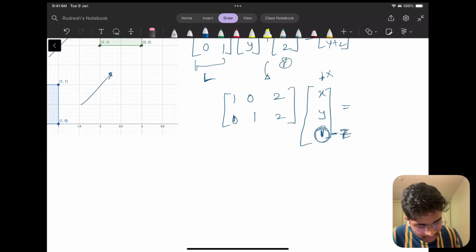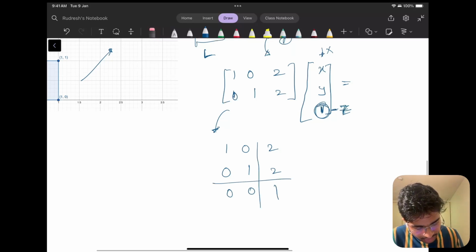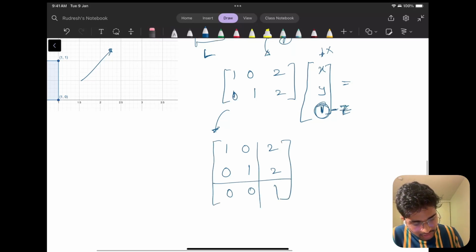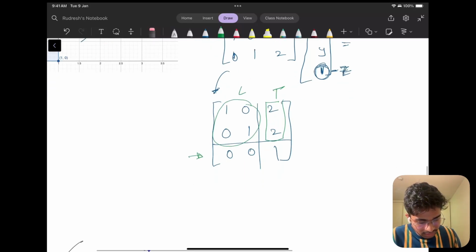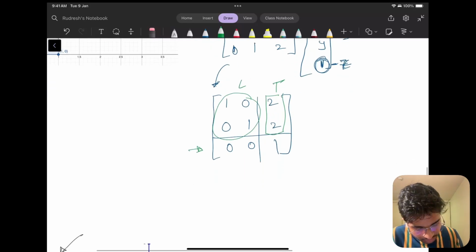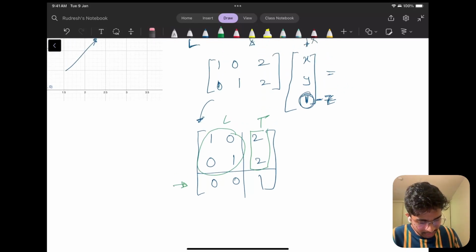So we could actually extend our transformation in such a way that, let's say, 1 0 2, 0 1 2, and maybe 0 0 1. If we partition this in this sort of way, you could see this is our linear map in the 2D. Then this is our translation, and let's just keep this last row as it is for now. You'll get to know what that means exactly.